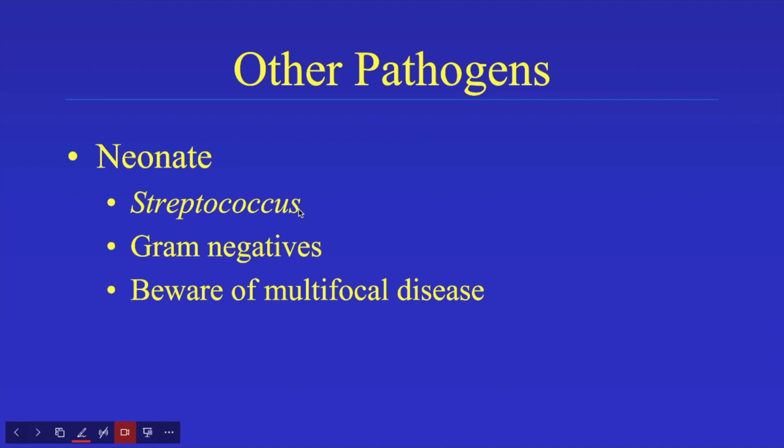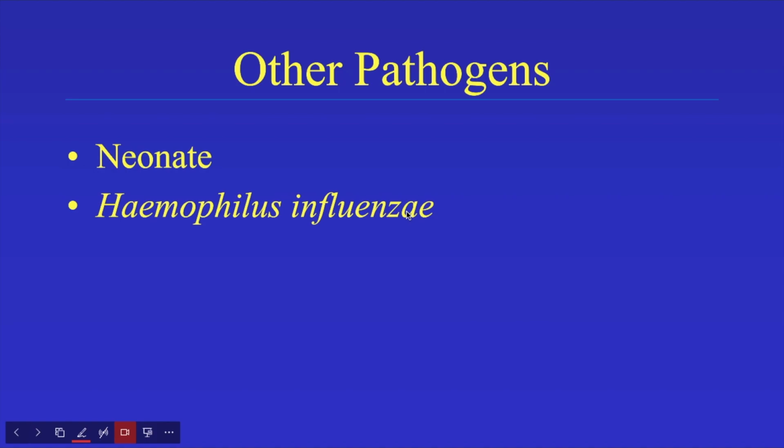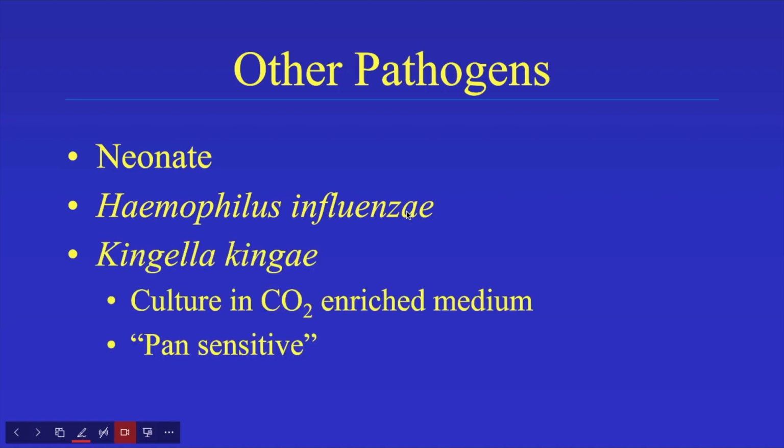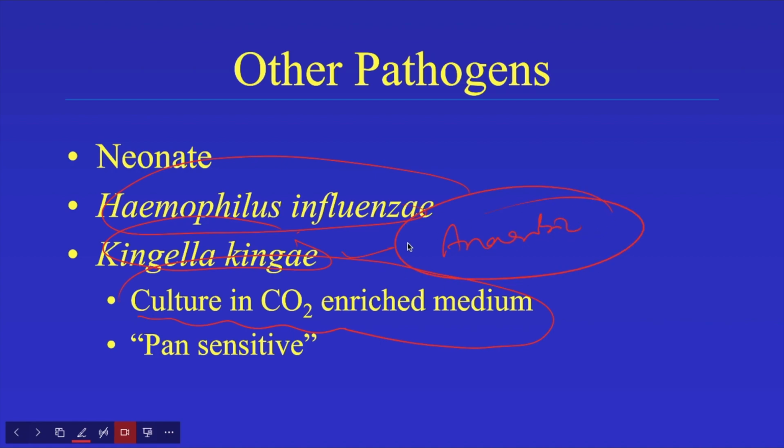You must also be aware of multifocal disease, because multiple pathogens may be involved in one septic arthritis pathology. Haemophilus influenzae has come down because of vaccination, and Kingella kingae can also be seen, which needs special culture, a carbon dioxide enriched or anaerobic culture, to raise these organisms. So don't be surprised when they don't grow in the normal medium.